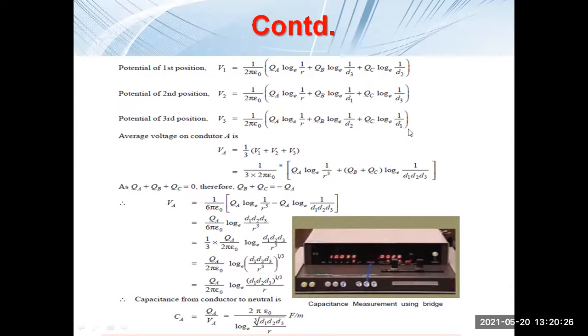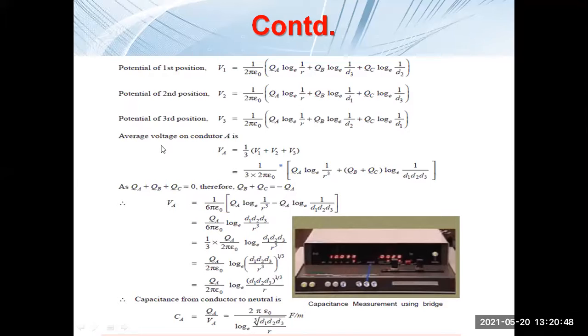So we have calculated the potential of conductor A for various positions, and the net potential of conductor A due to the mutual effect of the other conductors.